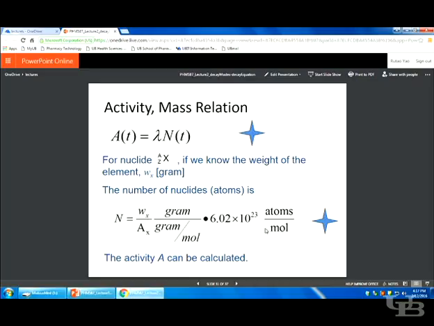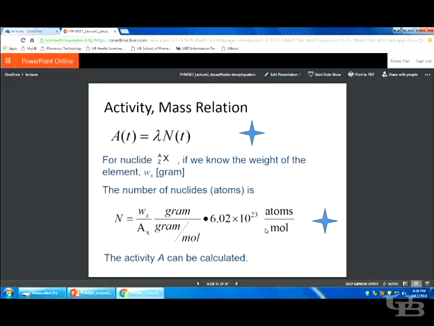Here is the process. If you are given the mass for a particular atom, in this case, let's say element X, for this element, the atomic mass number is A. So if you're given the weight or the mass of the element, W sub X, then you can calculate how many atoms of this element there are.